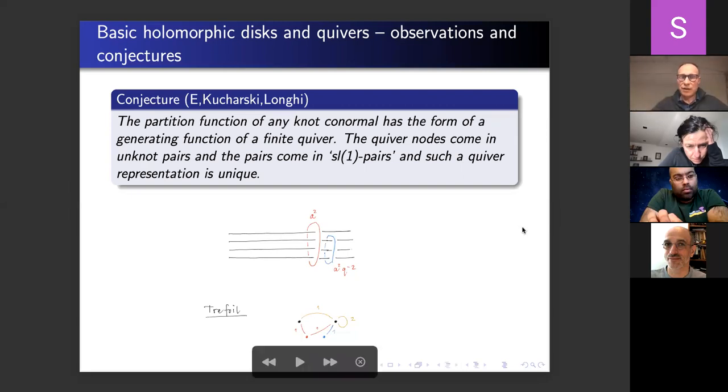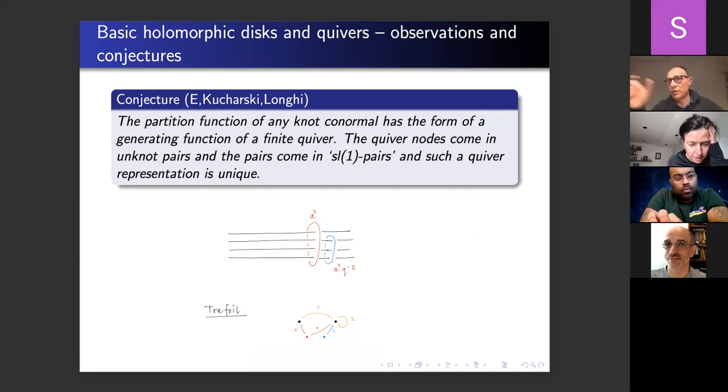The quiver nodes come in pairs of pairs. The first pair is going from reduced to unreduced, and so instead of taking all of them, we can take half of them. It's like reduced and unreduced HOMFLY. For the unknot, we had 2 nodes, right? In this representation, we will start from 1 node.